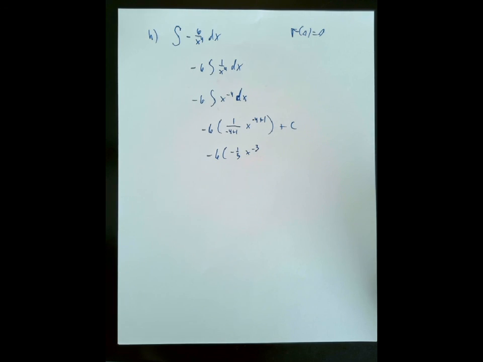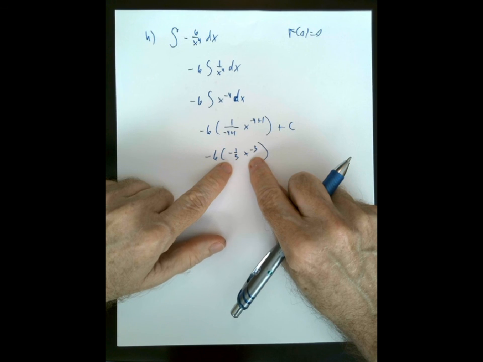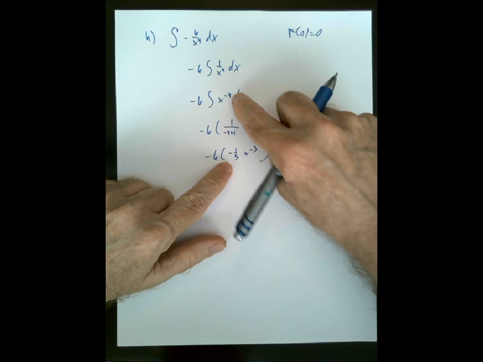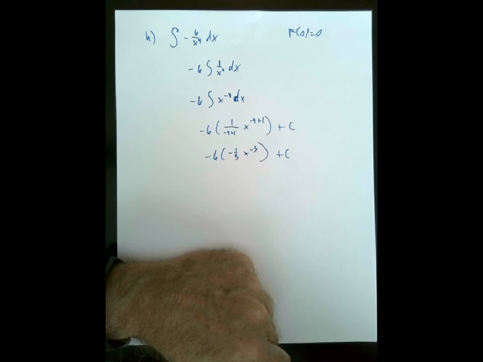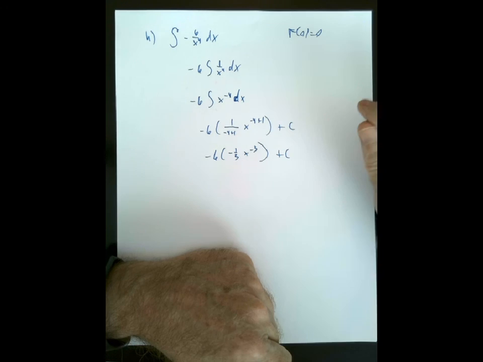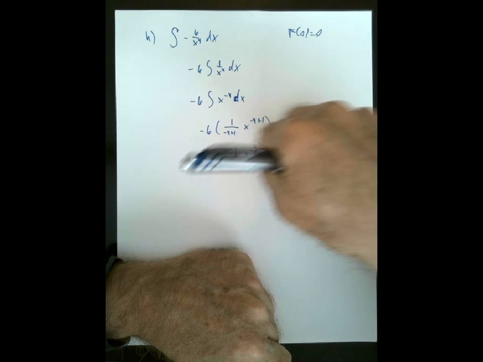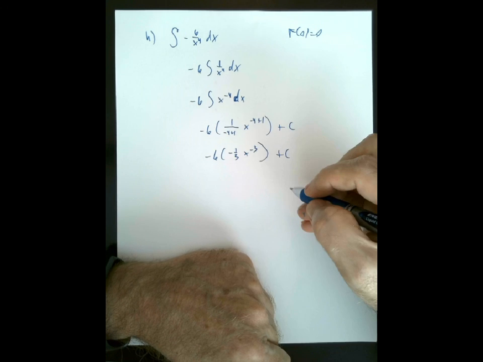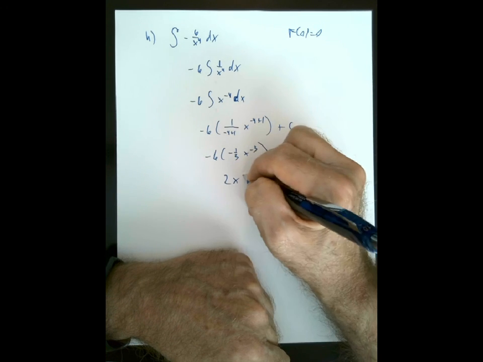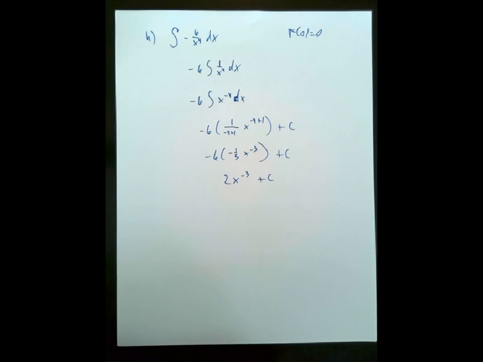If we take the derivative of just this bit here, we'll get that, right? And then plus c. So that's the general antiderivative. Now we can simplify this a little bit. Negative 6 times negative 1/3 is 2x to the negative 3 plus c, right?